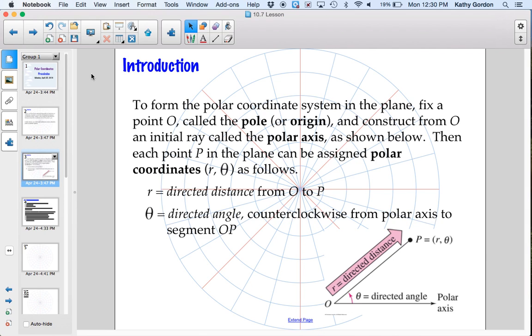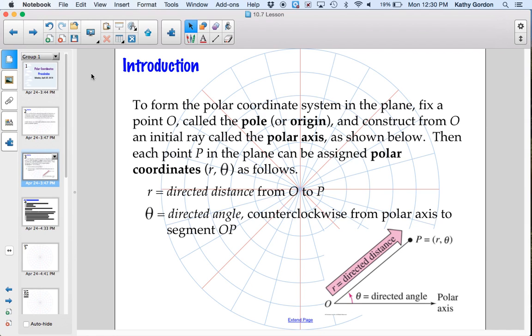If I go a certain angle measure here, so that I get to this terminal side, a positive R means that I'm going that distance on that terminal side. From O to P, that's my R distance.